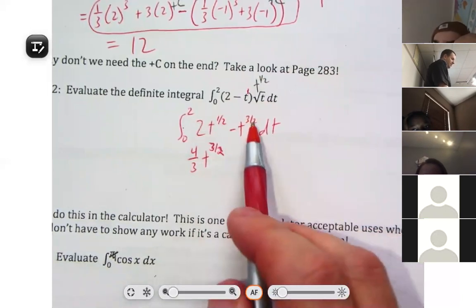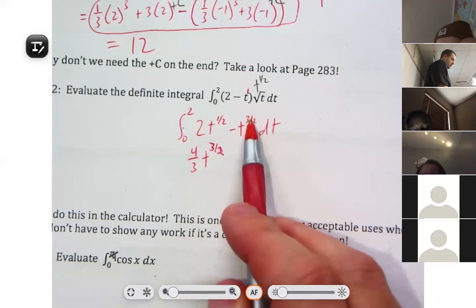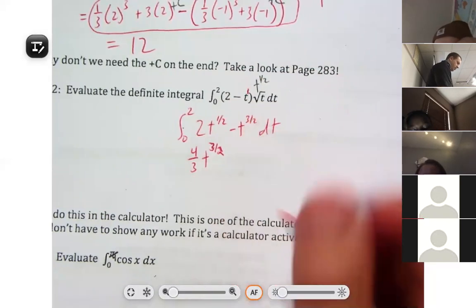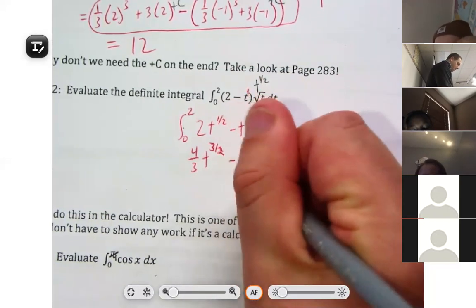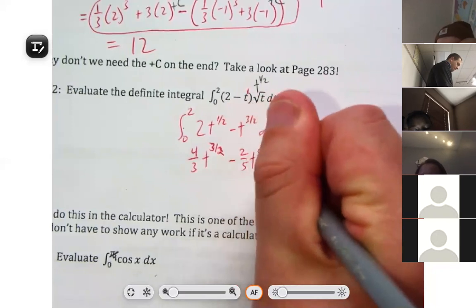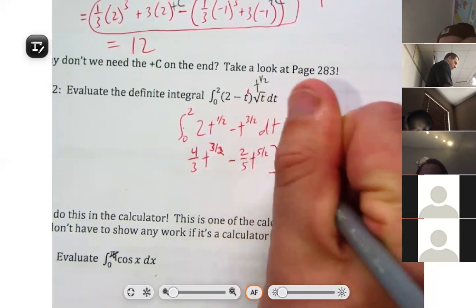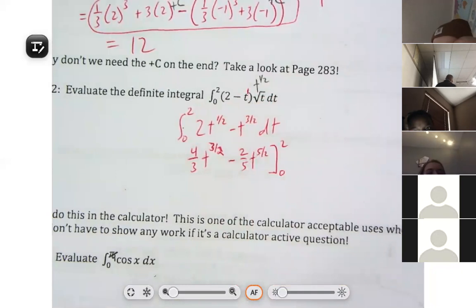Same here, bump that up to 5/2. Divide by 5/2, you'd have 2/5 in front. Put my brackets. So I'm doing that from 0 to 2.